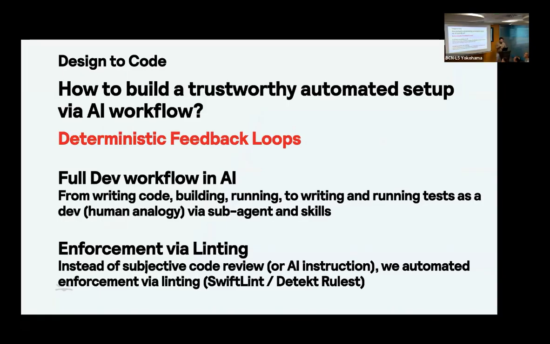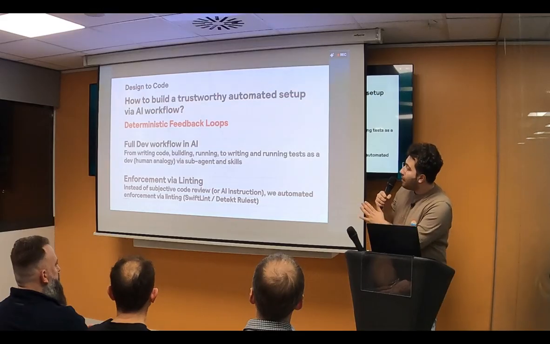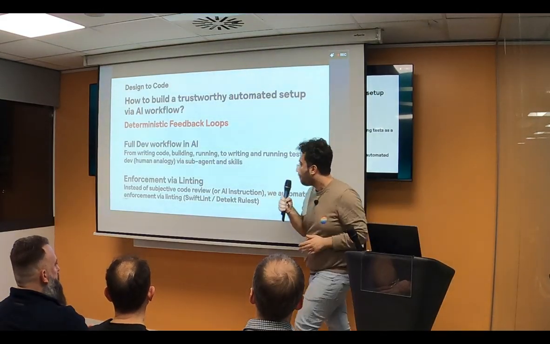Also, how this trustworthy UI automation AI workflow works is based on deterministic feedback loops that we use in the full dev workflow in AI, as we discussed, via some sub-agents and skills as well that we use from Claude. Now more AI tooling is supporting that as well, and also enforcement via linting. This part is very important as well.